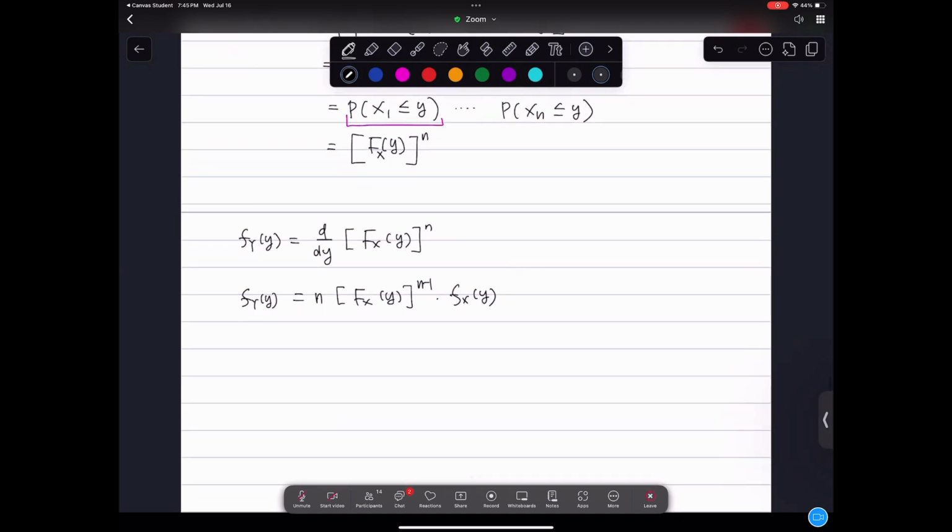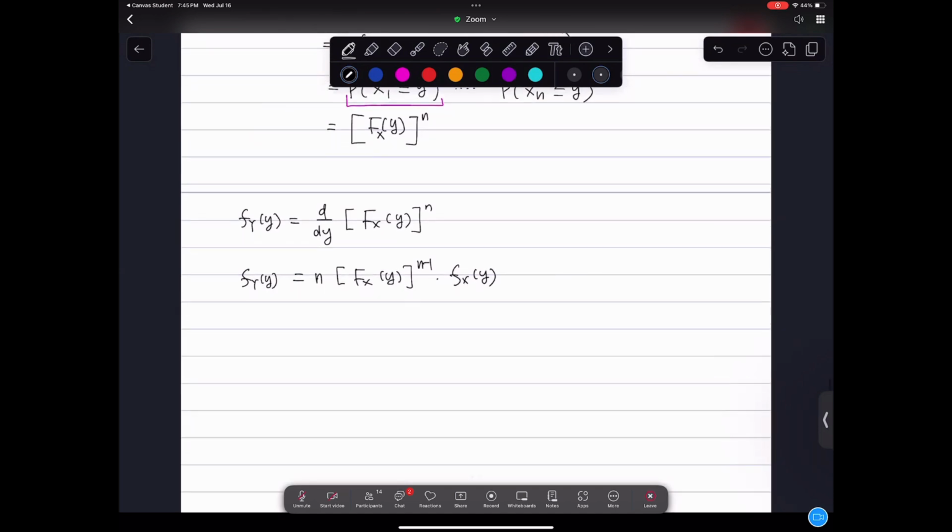Then let me repeat the same thing for the smallest order statistic. So let's get the PDF of the smallest order statistic. Exactly the same setting. So we have IID with the same PDF, same CDF.